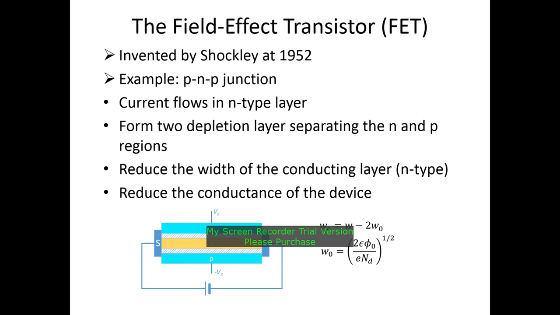Here from the equation we can see that the thickness of the conduction channel, which is WC, is equal to the thickness of the N layer, W, minus 2 times the thickness of the depletion layer, W naught.